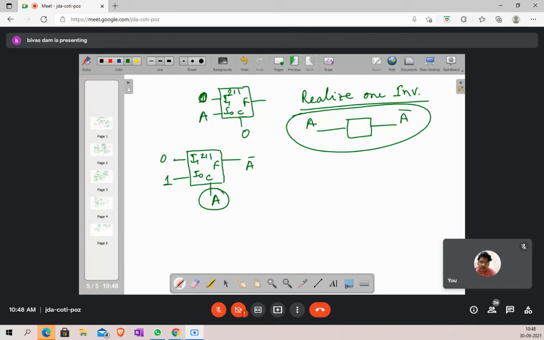When A is 1, the required output is 0, so connect 0 to I1. So this gives you the realization of one inverter using a 2:1 multiplexer.